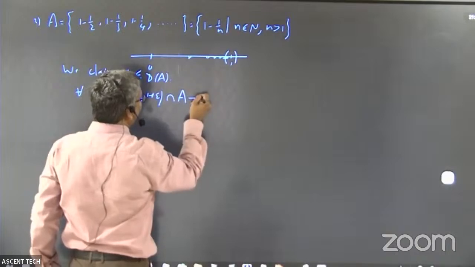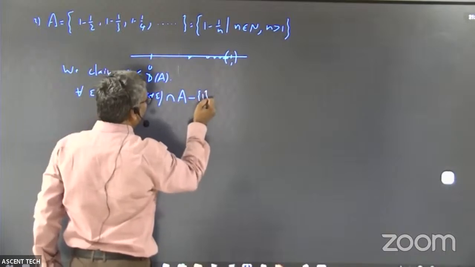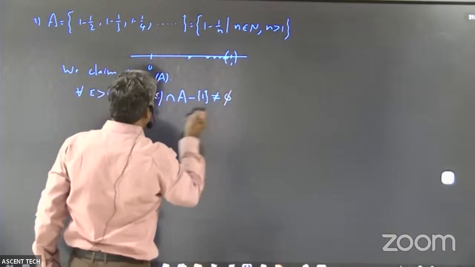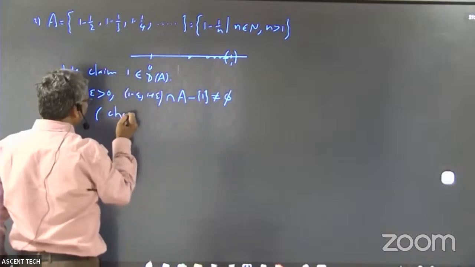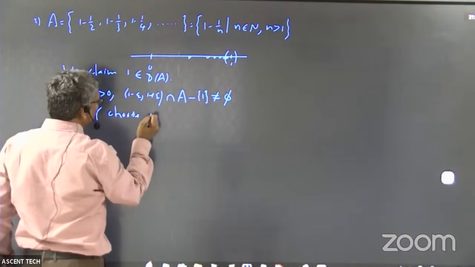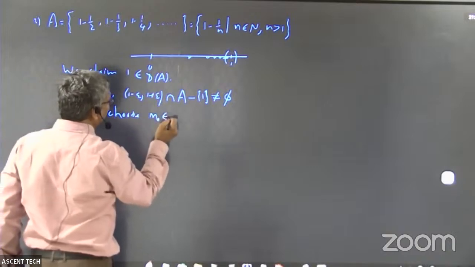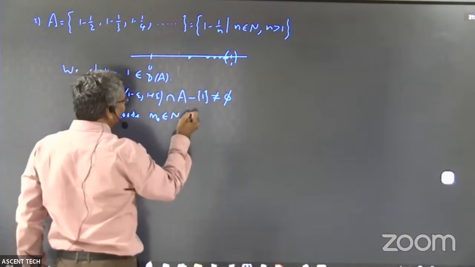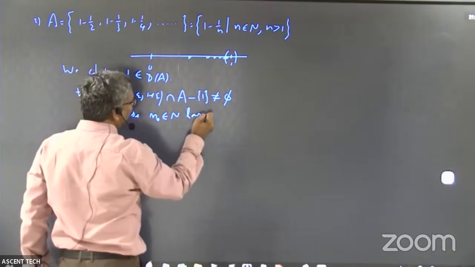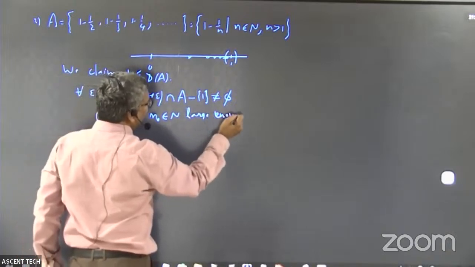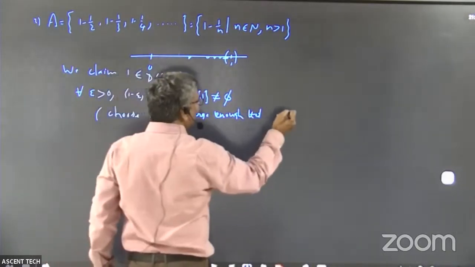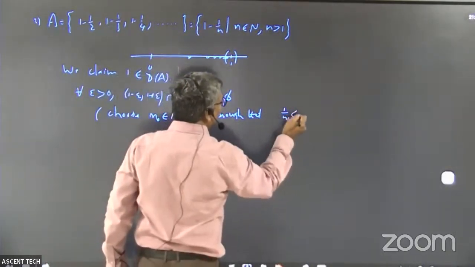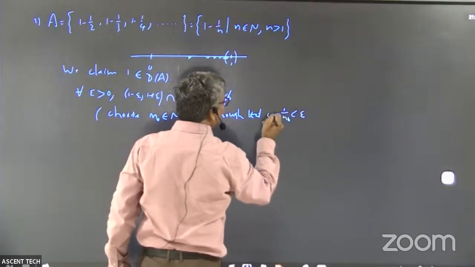So the intersection minus that point is non-empty. Why? Because choose n naught in N large enough that 1 by n naught is less than epsilon and greater than 0.